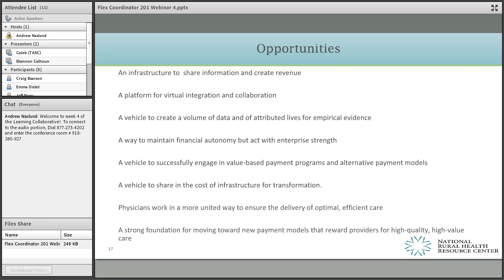Commercial payers really like to see 50,000 attributed lives before they do group negotiations. So how would a rural provider have the ability to do that? Through virtual integration and collaboration in a legal infrastructure such as a CIN. So it gives the opportunity to have volume of data and of lives to create empirical evidence to act as a stronger entity.